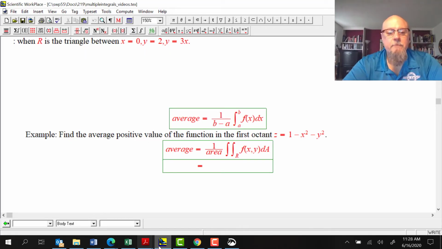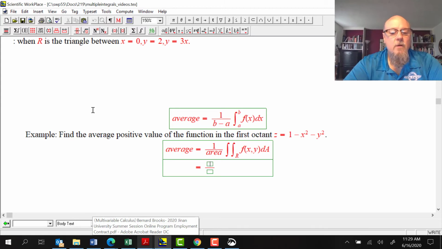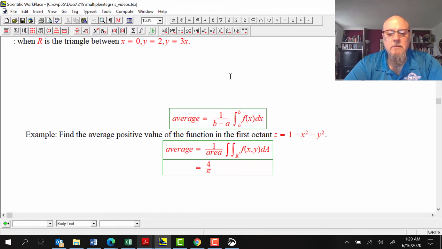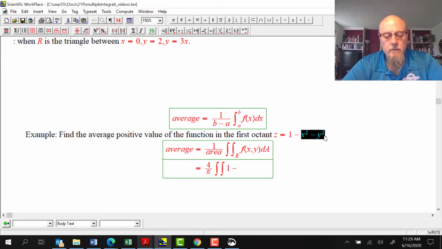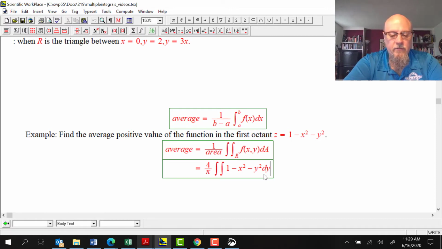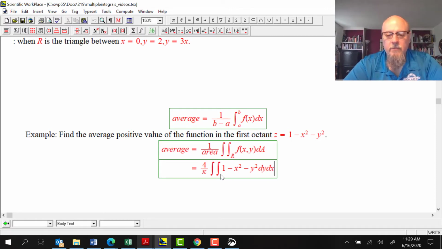So in our case, when I go 1 over pi over 4, let's just invert and multiply. And we just need this here. And we decided to go dx dy first.